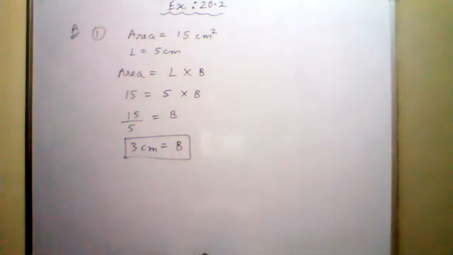Yash, how many parts have you done? Sir, 4. Very good. Asfa, how many parts have you done? Sir, I have done all. Very good. Sir, I have also done all. Okay.